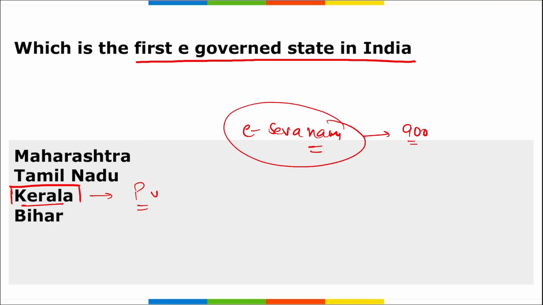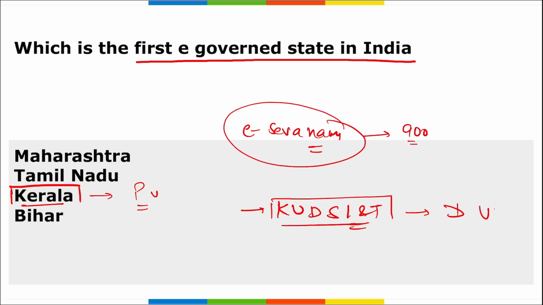This offers more than 900 services which will soon be included on the offices. Right? Virtual offices. Correct? Apart from this, Kerala has also established India's first digital university that was named Kerala University of Digital Sciences, Innovation and Technology. Correct? And this university is also known as Digital University of Kerala, DUK.